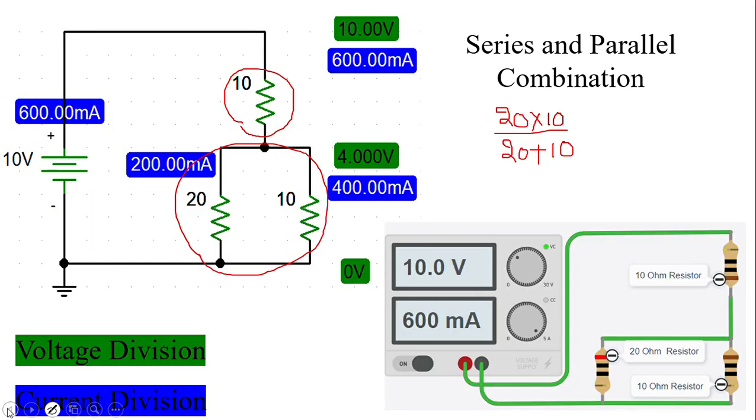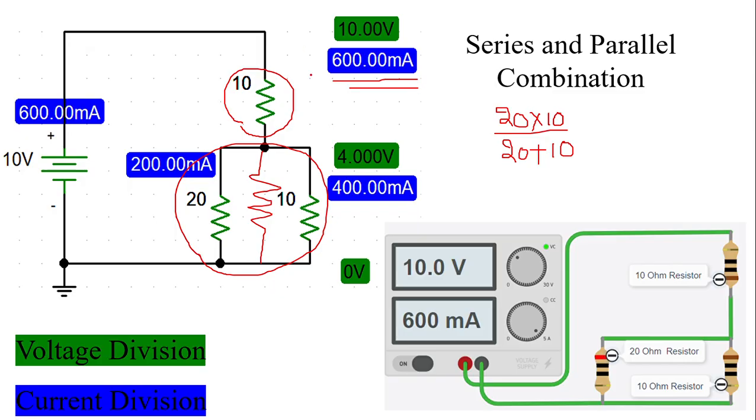From this network, you have to observe two things. This is not completely series, not completely parallel. If I replace this entire thing with one single resistor like this, 600 milliamperes of current will flow through.